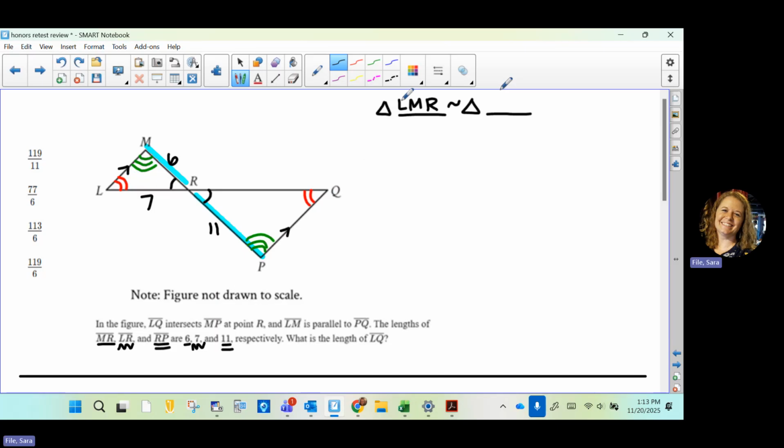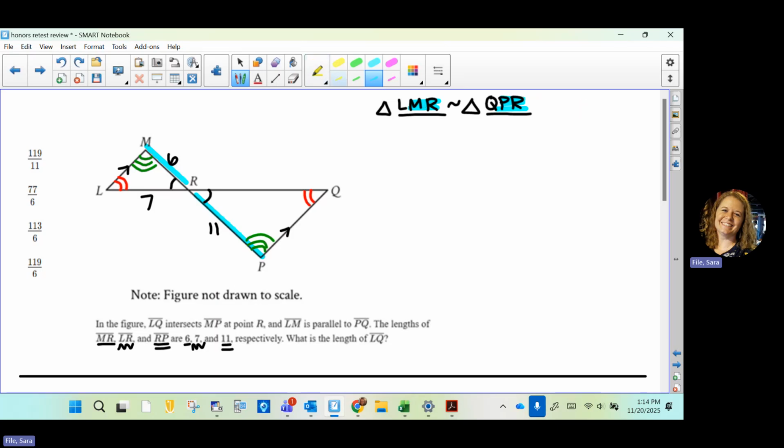Q. So since I started this triangle with L, I have to start this triangle with Q. And then M was congruent to P, and then R to R. So you could write the similarity statement and look at it that way if that's helpful to you. And you can see that MR is in the same spot as PR.